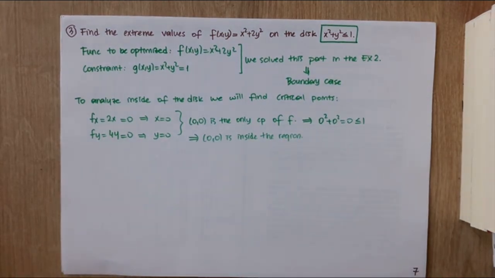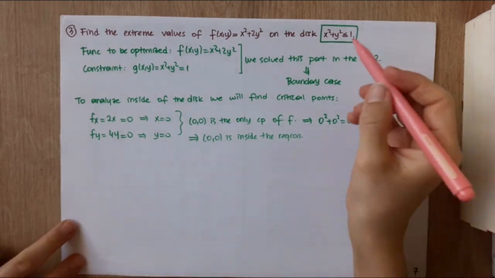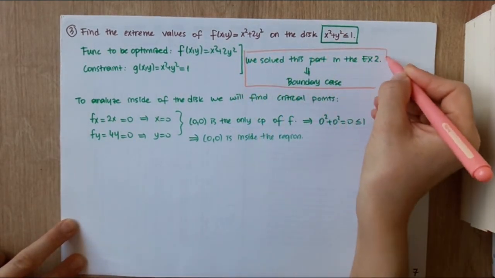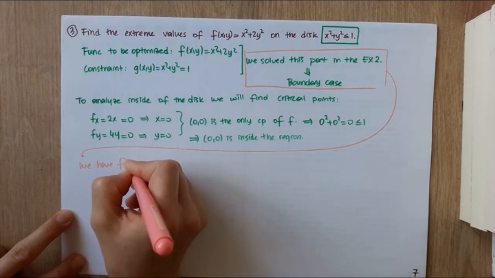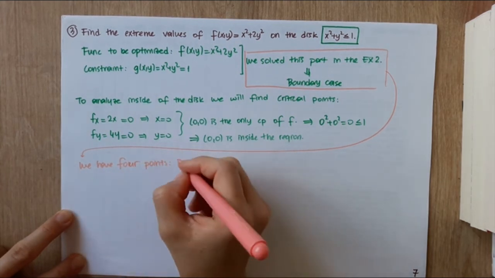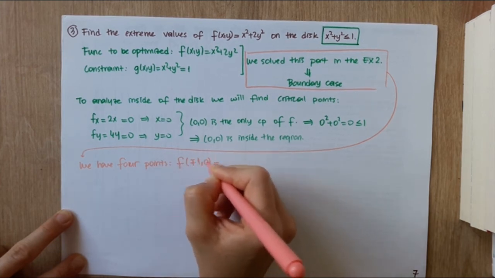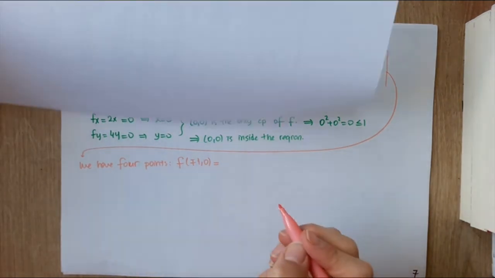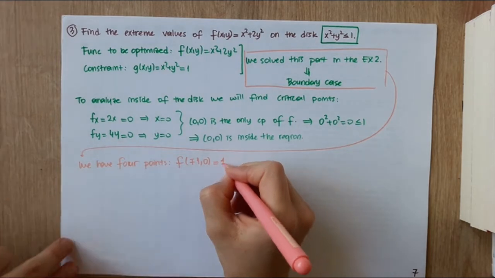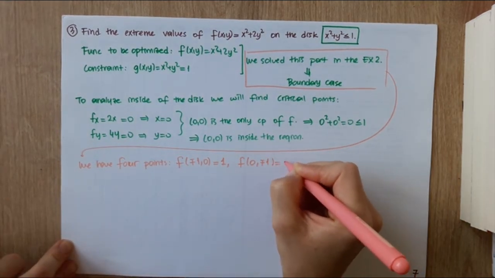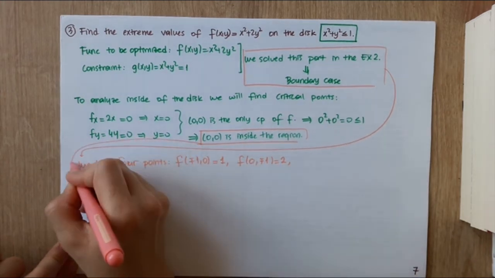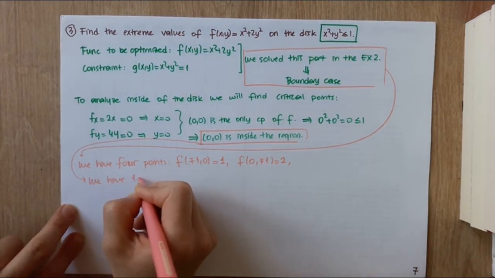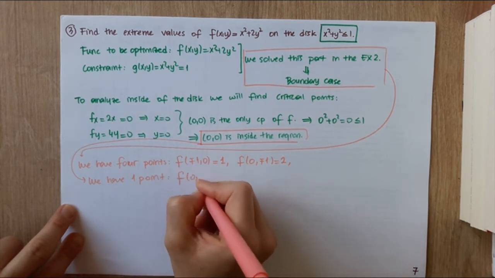Okay, now this time we should compare more than 1 point, because from the former question, we have 4 points. f of (±1, 0) is 1, and f of (0, ±1) is 2, and from here I have a critical point inside the region, which is (0, 0), and f of (0, 0) is 0.